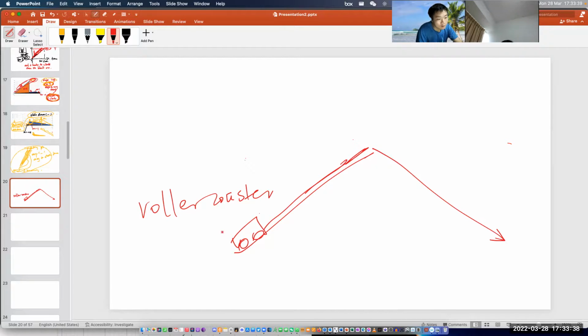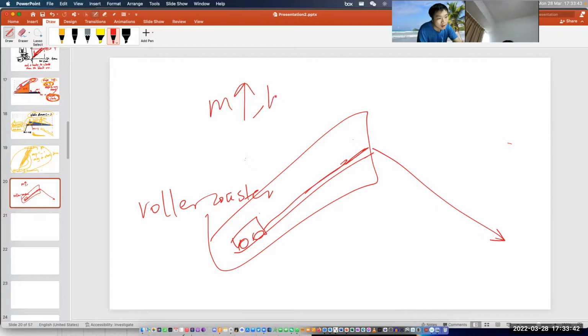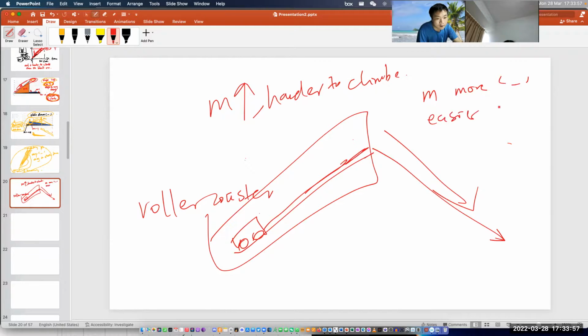During the slope up, gradient increases, harder to climb. Then during the slope down, which is this way, the gradient is more negative, so it's easier to slide down. I find that this is a very good summary for you to remember.